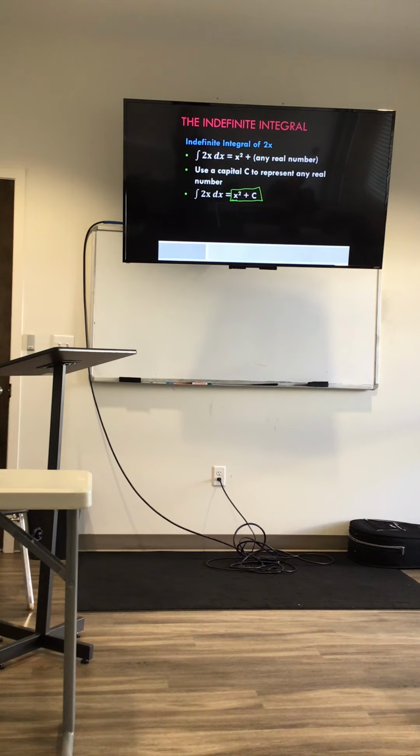There are many antiderivatives, but this is the only way that I can present the indefinite integral. They're very close, it's just a minute difference. The antiderivative actually puts a number at the end. The indefinite integral puts a c at the end, representing any number that you could put back there on your question.